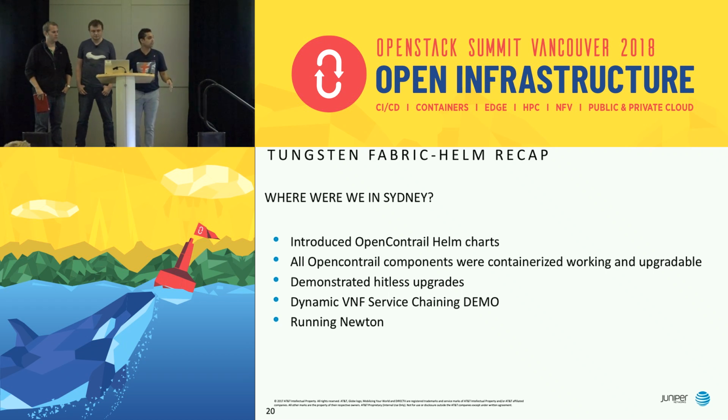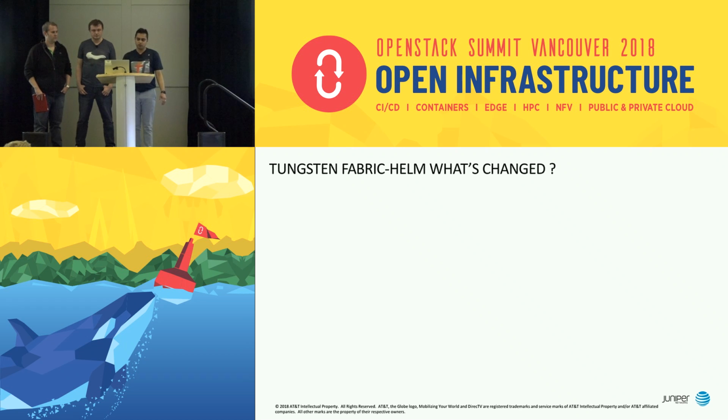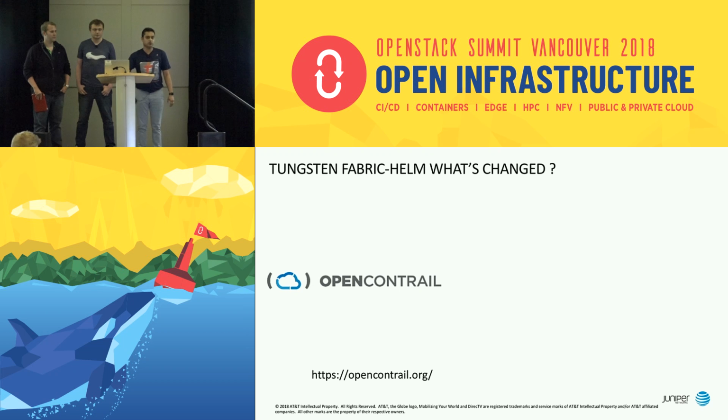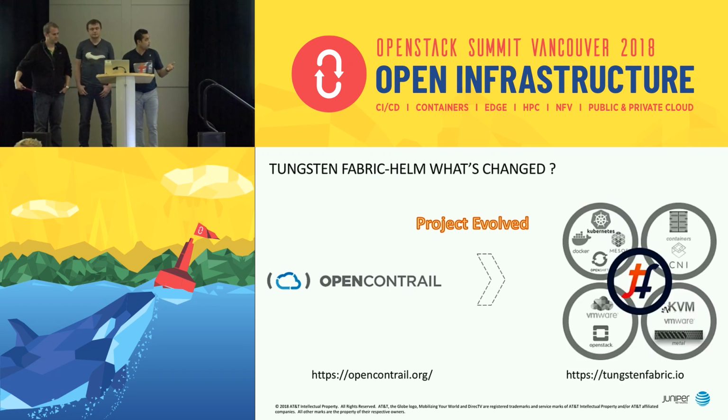The first thing that happened is, we evolved our project. Back then, we were OpenContrail, which was an open source SDN solution to solve key networking challenges in the cloud space. But at that point, we decided to take our project to the Linux Foundation, and we evolved OpenContrail to Tungsten Fabric.